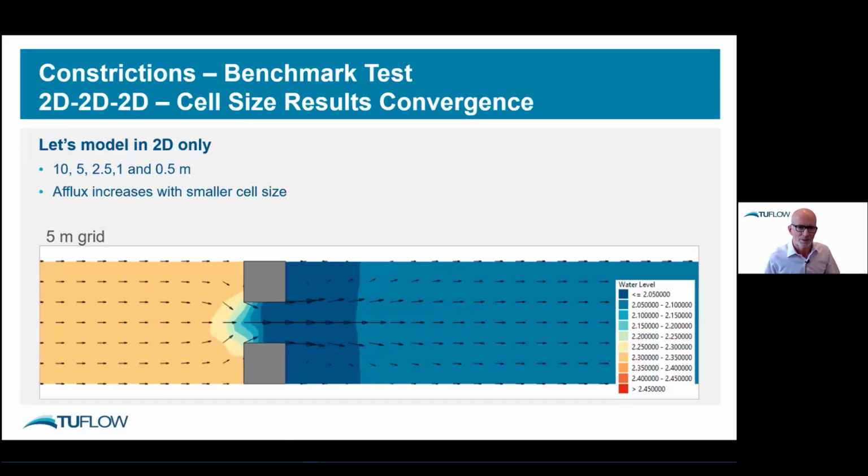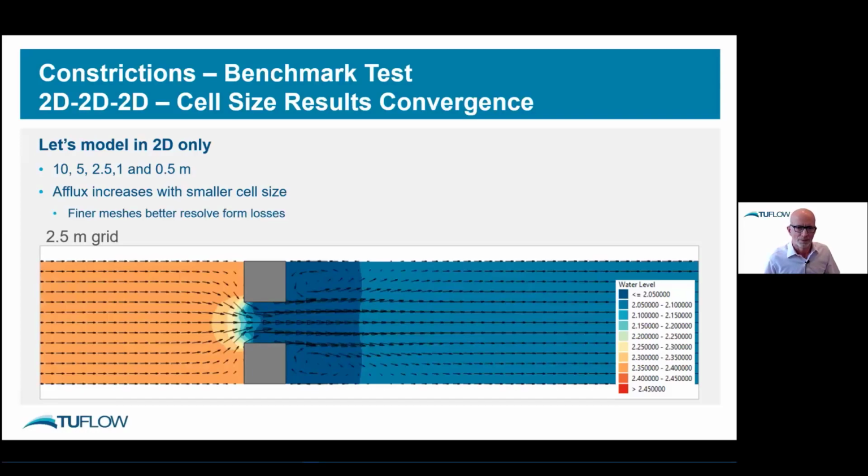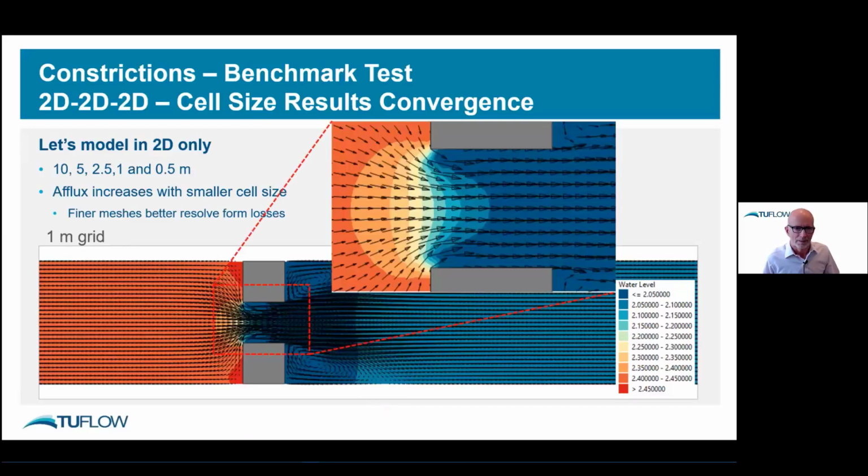Basically, as you go finer and finer with your 2D cell size, your afflux increases. At 2.5 meters, we're starting to see some nice resolution of an eddy, and starting to model the form losses through the system. There's 1 meter, so we're starting to get into nice detail, but it's getting much redder, so the afflux is going up.